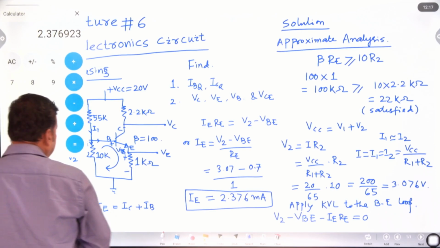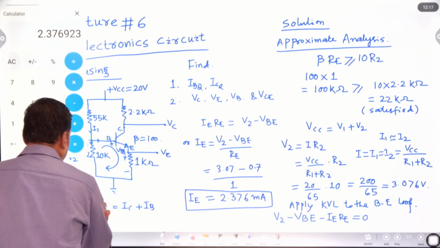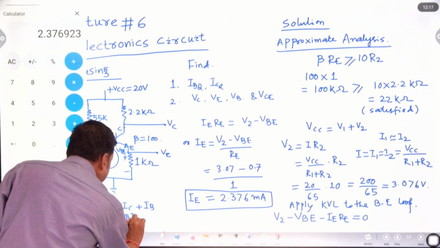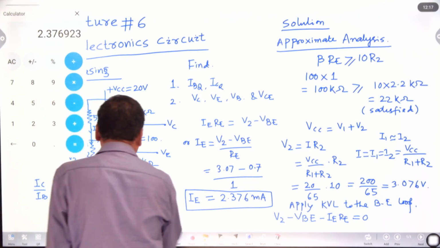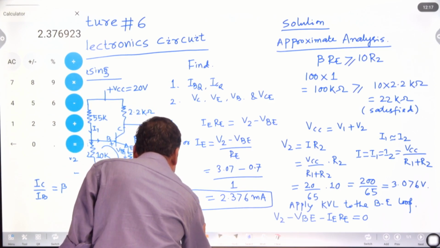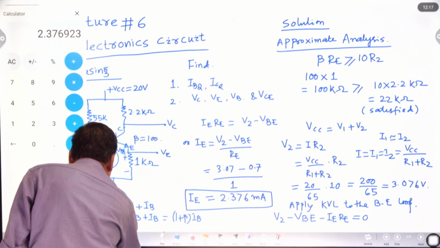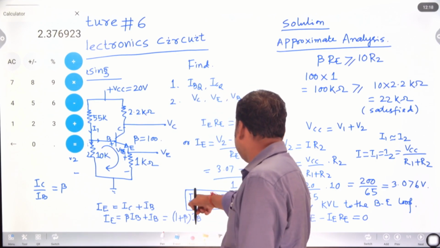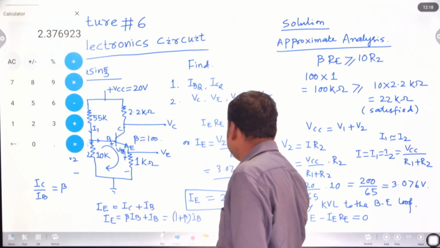So you can write IE equal to IC, which is beta IB, plus IB. Taking IB common, that is 1 plus beta whole into IB. So IE is nothing but 1 plus beta times the base current. And IE you know, IE equal to 2.376 milliampere.